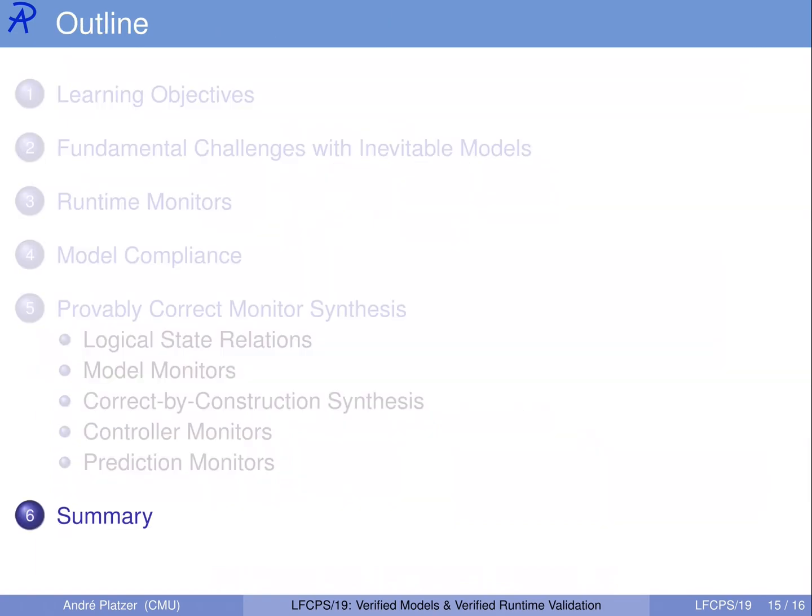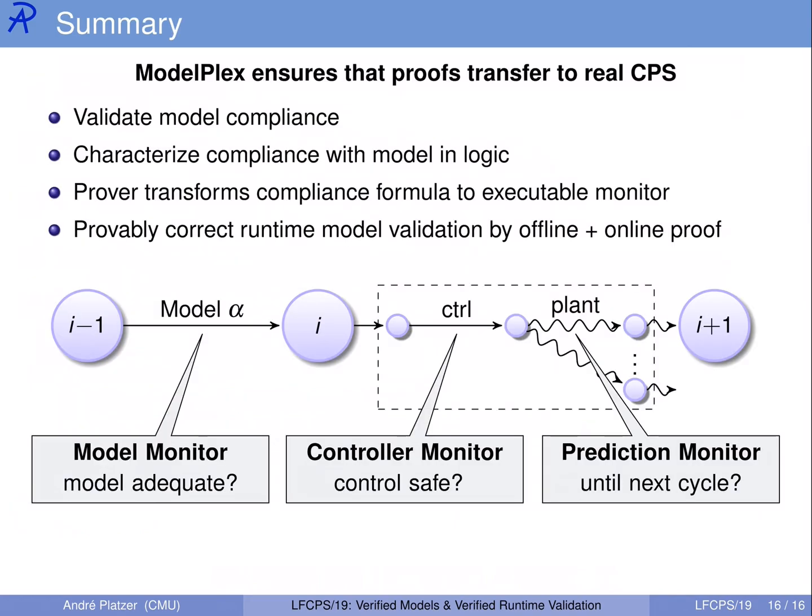So let's summarize what we've learned today. We've seen Modelplex as the fundamental technique for ensuring that proofs about models transfer to proofs for real cyberphysical systems. And it's the only technique that does this with proofs of correctness, where we are validating model compliance. We're characterizing the compliance with a model in differential dynamic logic, just as a diamond modality is useful to exploit the versatility of differential dynamic logic for different purposes.